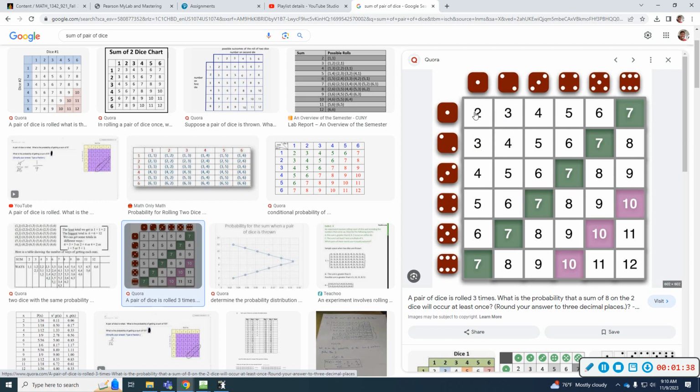If you were to do a distribution, you have 1 two, 2 threes, 3 fours, 4 fives, 5 sixes, and then you have 6 sevens. It counts up, and once you get here, this is the most, and then it starts going back down. So you got 5 eights, 4 nines, 3 tens, 2 elevens, and one way to get a 12, both 6. Okay, so here would be your probability distribution.